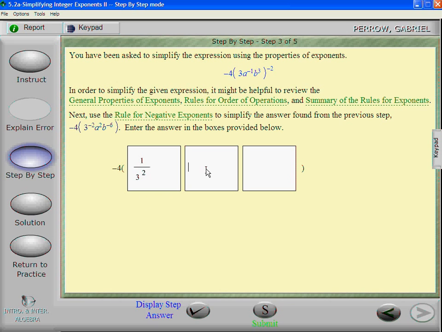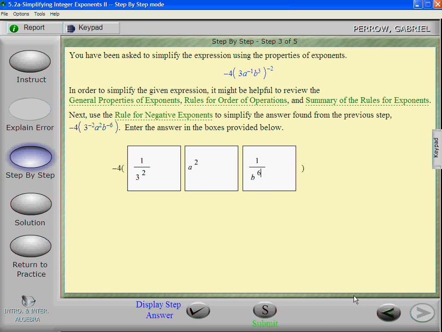So I'm expecting that to happen. I'm expecting a squared to stay as a squared on top, and b to the negative 6th is going to get thrown down bottom, so we're saying 1 over b to the positive 6th.